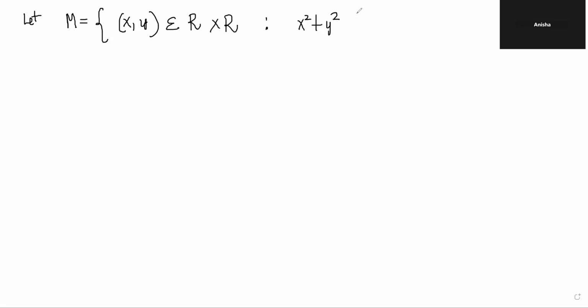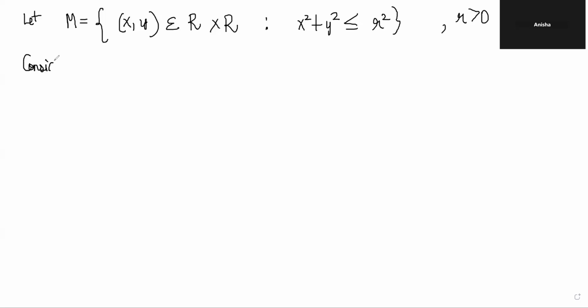Okay, there is a paragraph question. You should try this out as homework. So let M be the set of ordered pairs (x, y) belonging to R cross R such that x square plus y square is less than or equal to r square, where r is greater than 0.